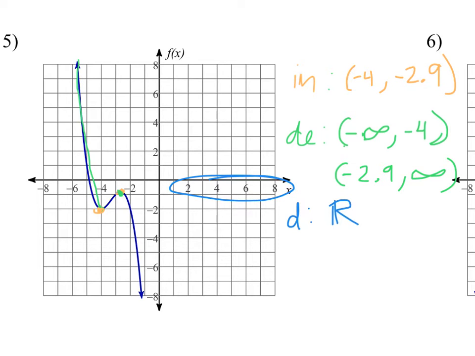So that's why it's positive infinity. Okay, thank you. You're welcome. And then our range is also all real numbers, so -∞ to positive infinity. Any other questions on 5?